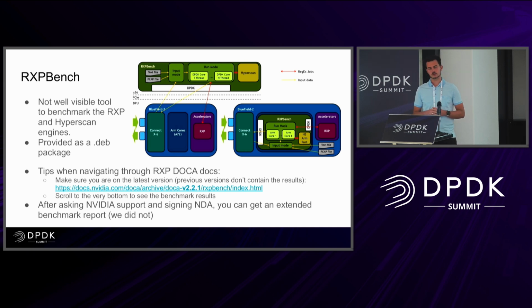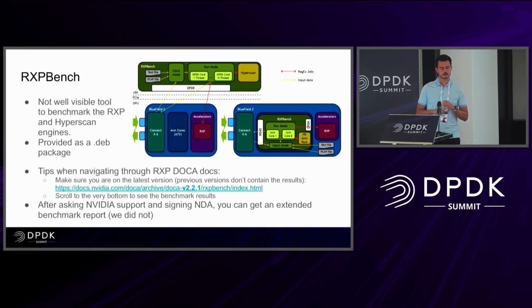It's within the Docker packages. And one tip on how to navigate the NVIDIA docs: make sure you have the very latest version of the docs. It's not always that version when you click from Google. And then, when I was on the right version of the docs, I could see that NVIDIA also published some benchmark results.